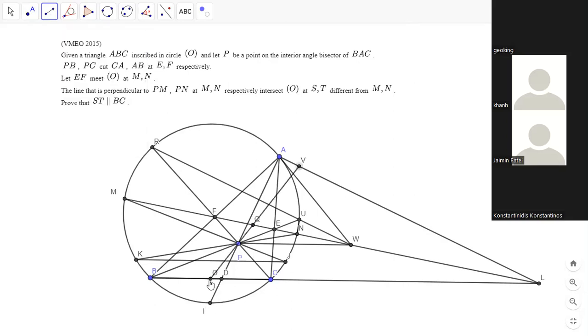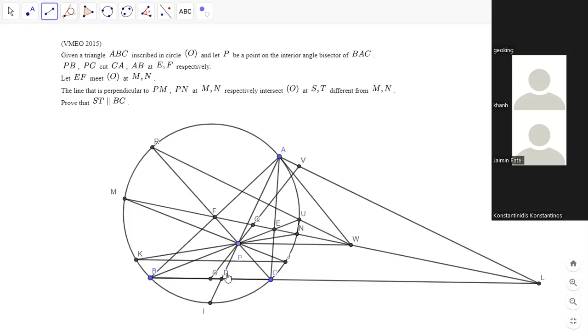So we have OQPV is harmonic because of the concurrence of the three lines AD, FC, consider the complete quadrilateral EF, BC, LA. We have BE, FC intersect at P, so it must be harmonic. Okay.